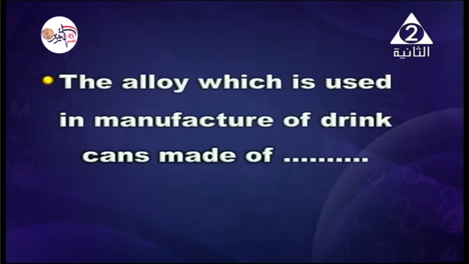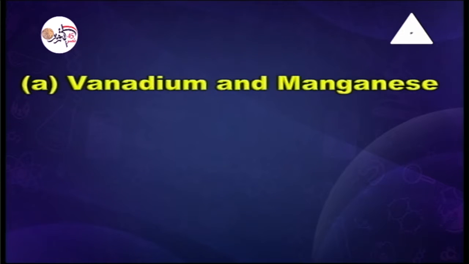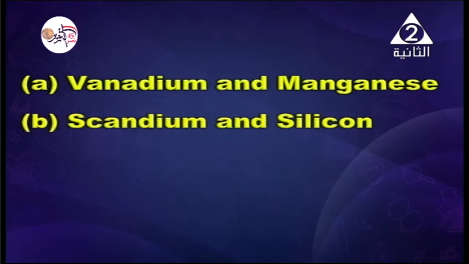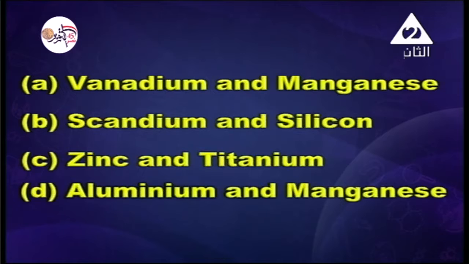Next point, the alloy which is used in the manufacture of drink cans is made of what? Vanadium and manganese, scandium and silicon, zinc and titanium, aluminum and manganese. Yes, it will be aluminum and manganese.